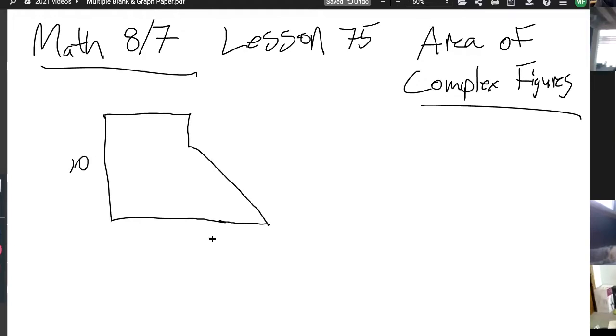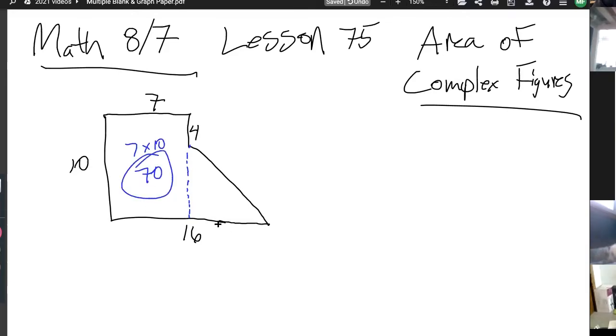Let's say this is 10, this is 16, this is 4, and this is 7. Okay, so I could make 2 shapes out of this, right? I don't know how to find the area of that weird looking shape, but I do know how to find the area of this rectangle, which is just 7 by 10. So that's a 70 square unit rectangle, right?